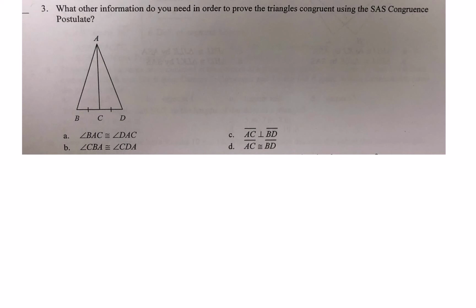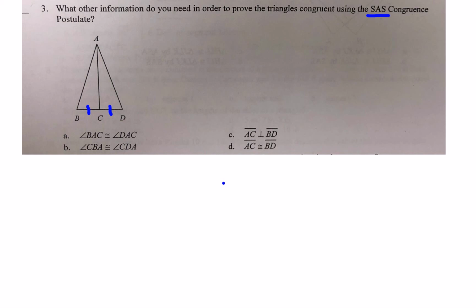Number 3 says, what other information do you need in order to prove the triangles congruent using the SAS congruence postulate? Now, in SAS, I need two sides and the included angle, so the angle in between those two sides. And here, I know that BC is congruent to CD because I can see those tick marks over there.